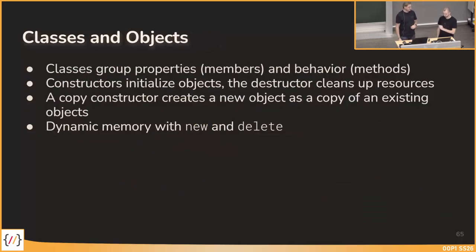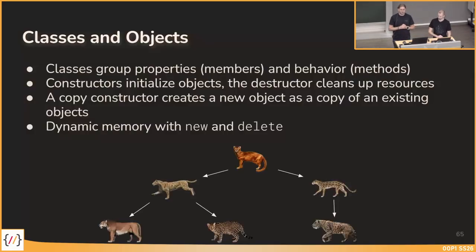All right. Now, this is already the conclusion of today's double lecture. So we have now introduced classes, which are a very fundamental concept in object-oriented programming, because they group members or attributes and also the behaviors or the methods into one element, which is called a class. And we also learned about constructors to create objects, but also destructors to clean up resources.